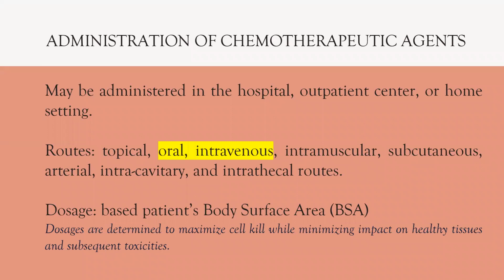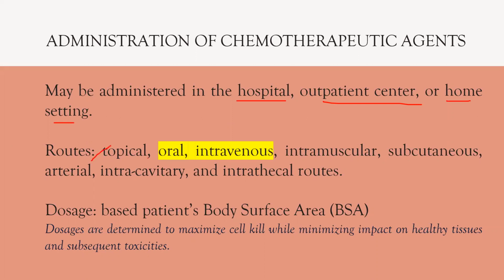Yung mga chemo drugs po na ito can be administered sa ospital, sa outpatient center, or even sa home setting. Siyempre, kung home setting po ito, malamang ay hindi ito ibibigay through the vein. But instead, ito yung mga chemo drugs na binibigay orally. What are the routes?